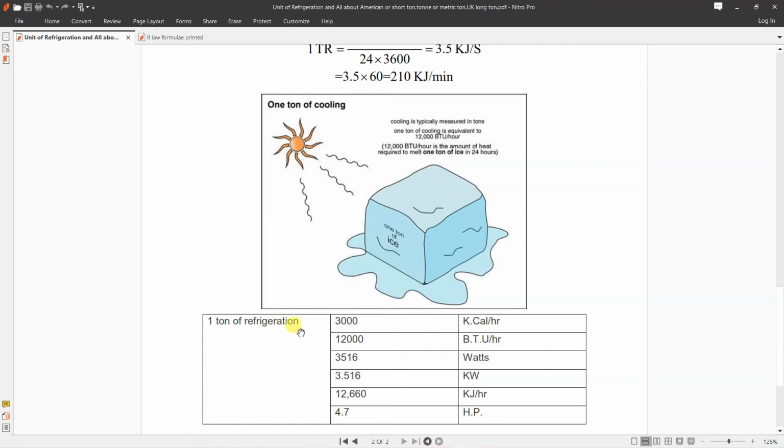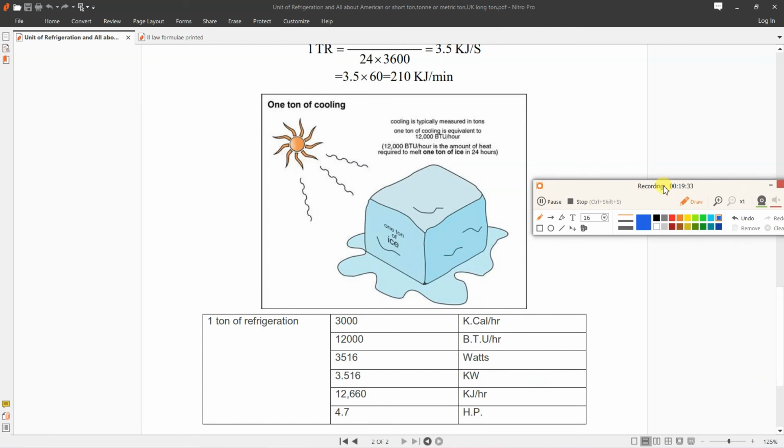So 1 TR is 3.5 kilojoule per second or kilowatt. We have already seen the derivation. If you multiply this by 1000, you will get it in watts.